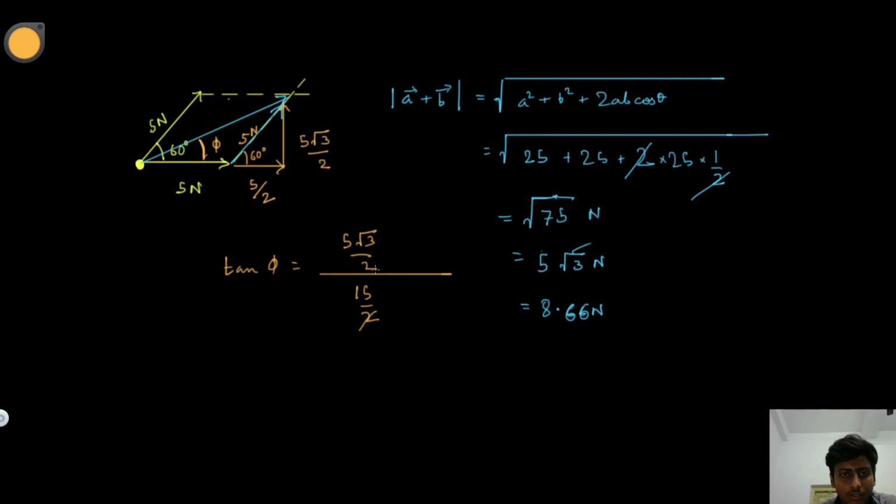So now this 2 cancels out, and 5 by 15, so that's root 3 divided by 3, or 1 by root 3. Now we know that tan of 30 degrees is 1 by root 3. So obviously phi would be tan inverse 1 by root 3. Hence the value would turn out to be 30 degrees or pi by 6 radians.